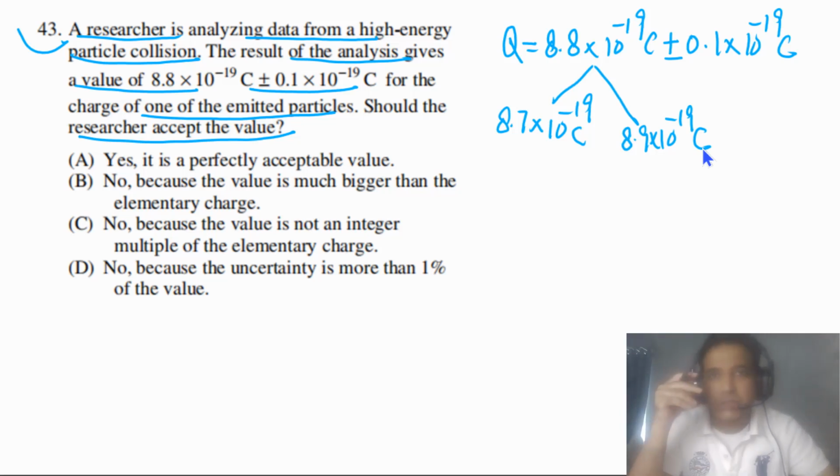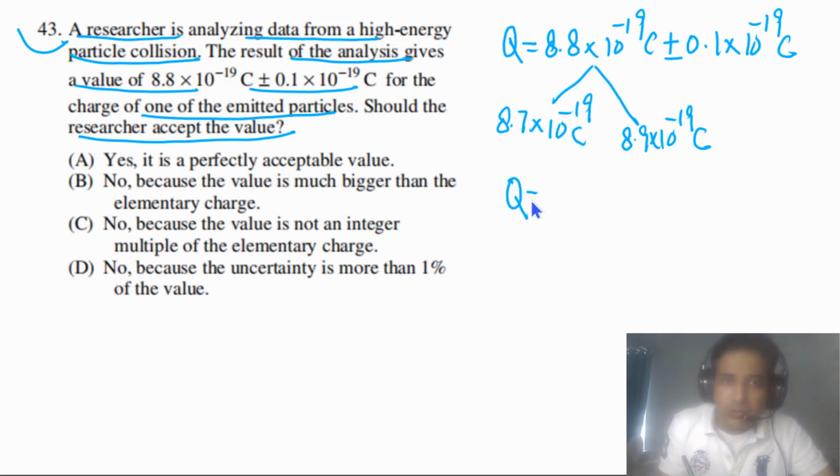So we need to understand that the charge on any particle has to be an integer multiple of the charge on a single electron, meaning n times e. So n here has to be an integer, and e is the charge on a single electron. This is the elementary charge.